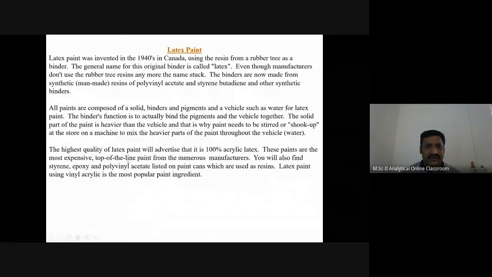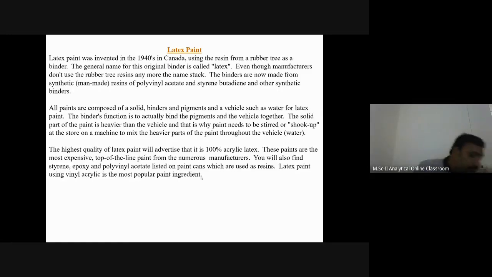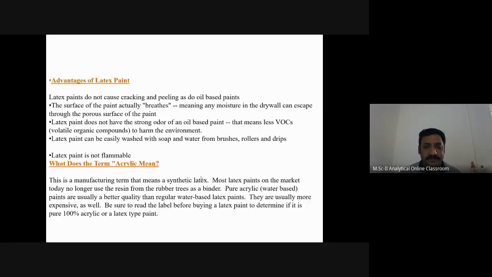You will also find styrene, epoxy, polyvinyl acetate, which is used as resin. And latex paint using vinyl acrylic is the most popular paint ingredient. Such type of question is asked during examination. Which latex paint is used as the most popular paint ingredient? You should know that it is vinyl acrylic. Okay, all of you understand?